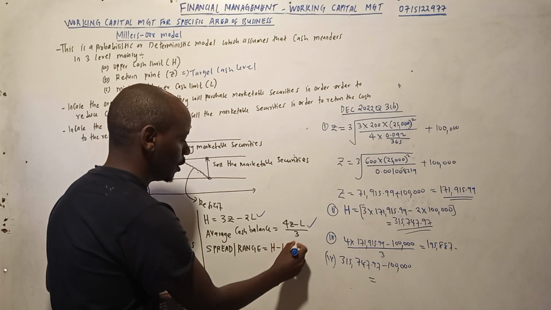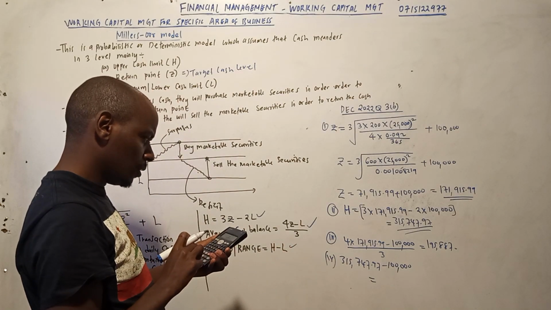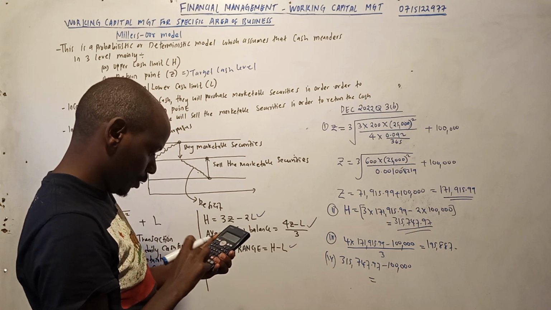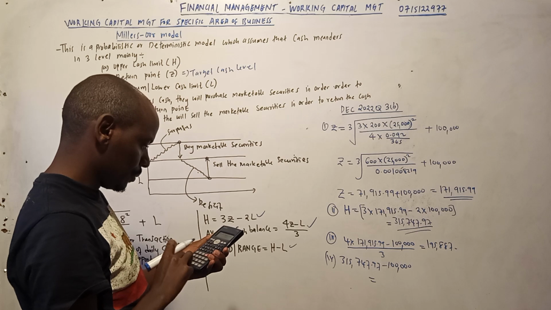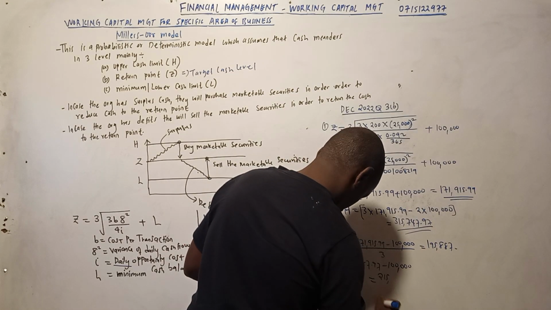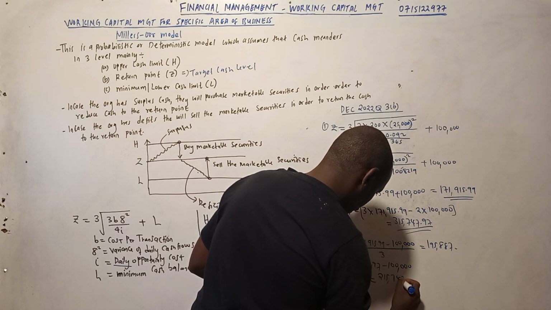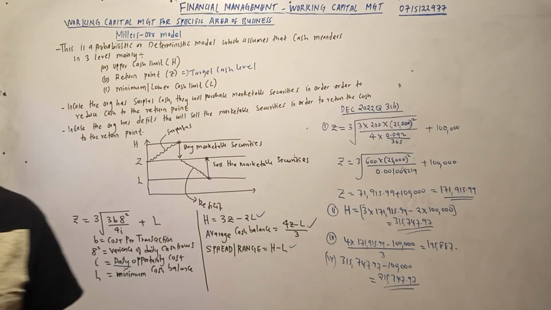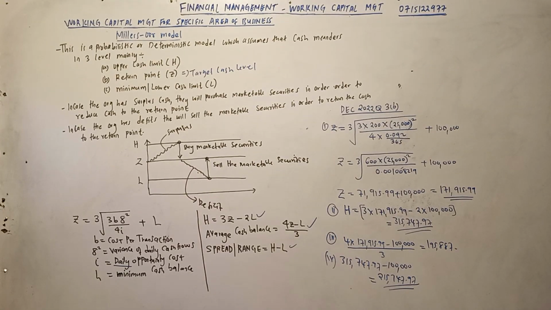The H minus L. So 315,747.97 minus 100,000 is 215,747.97. So that is the spread. So that marks the end of that question for December 2023.